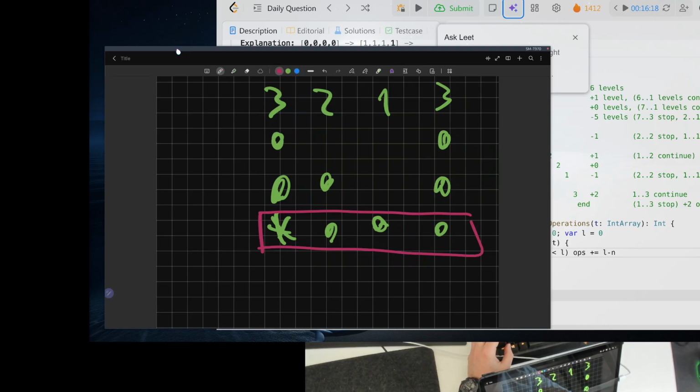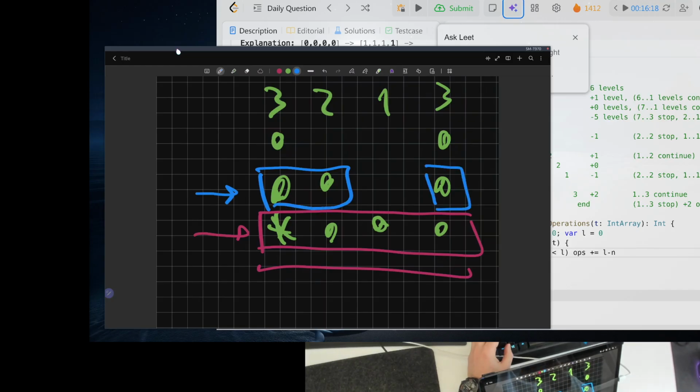So I choose firstly this subarray and increase it. This is the new level after this operation. Then I have no other choice but to choose these two subarrays. And finally, I choose those two. Then the total is 1, 2, 3, 4, 5 operations.